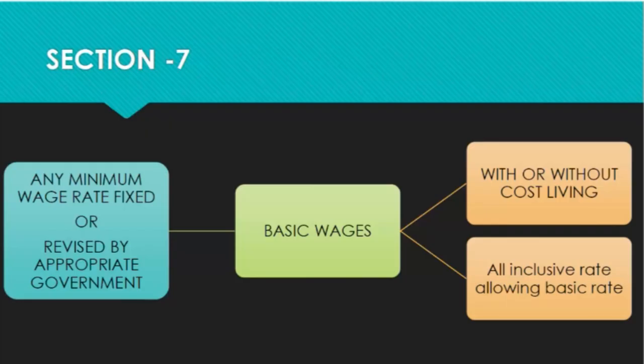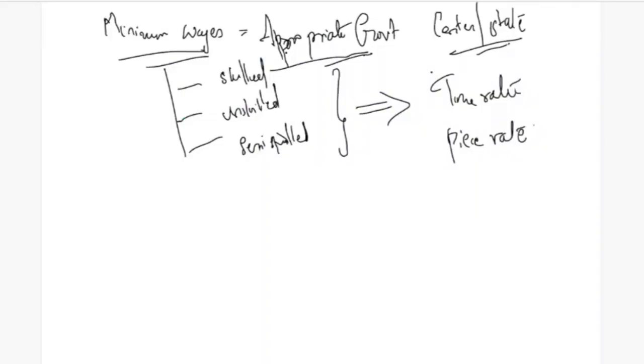Now there are 3 methods in which this minimum rate of wages can be fixed. One is basic pay plus cost of living index allowance.